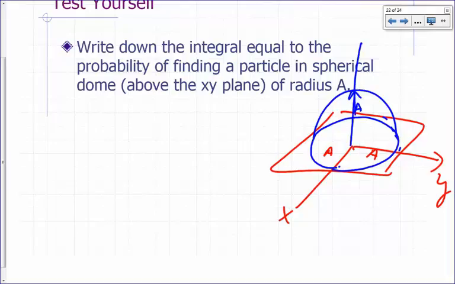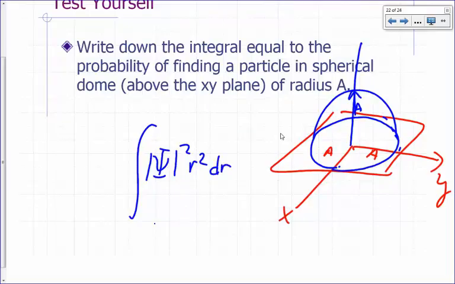What will we have to do? Integrate psi squared, multiply it first by r squared, and then integrate over r from r equals 0 to a. And then the result is multiplied by sine theta, and then we integrate from theta equals what? 0 to pi over 2.